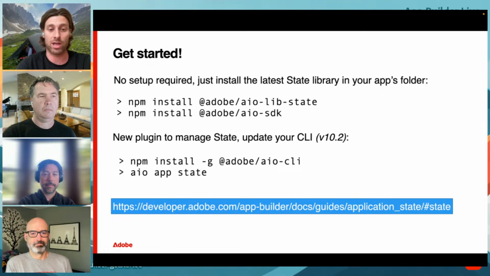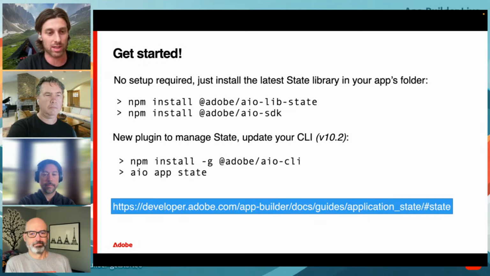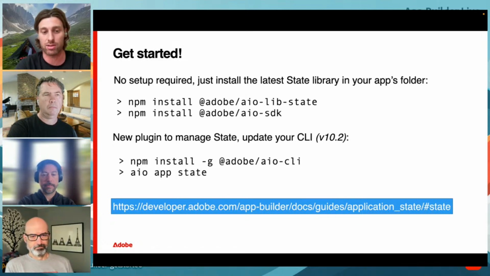And then, as of yesterday, we also announced a new CLI plugin to manage your key values. You just need to update the CLI to version 10.2, and then you can run the IO app state commands directly from your application folder as well. And just make sure that you're using it with the new libraries and not the legacy state, because with legacy state, it's just not going to work.